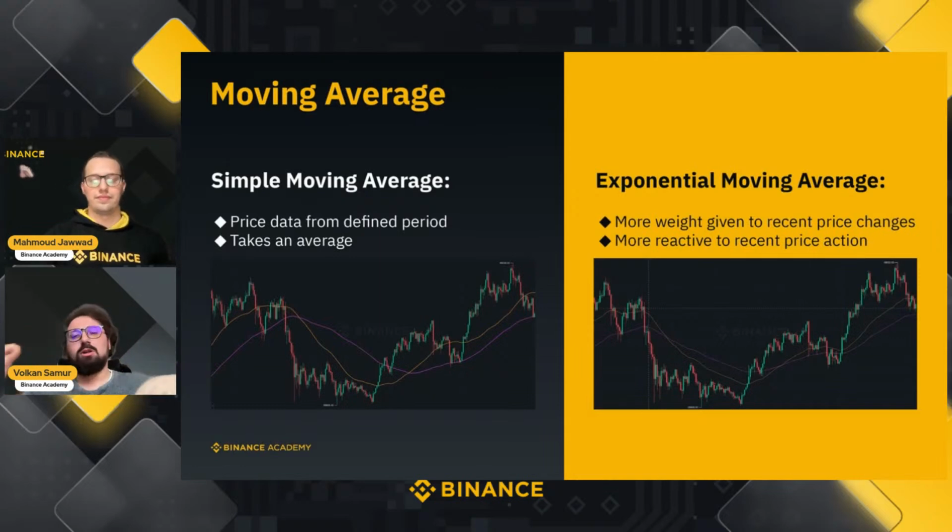Depending on your strategy, if you're a short-term trader or long-term trader, or maybe just a buy and hold strategy, you may adjust your moving average according to your own preferences and strategy.